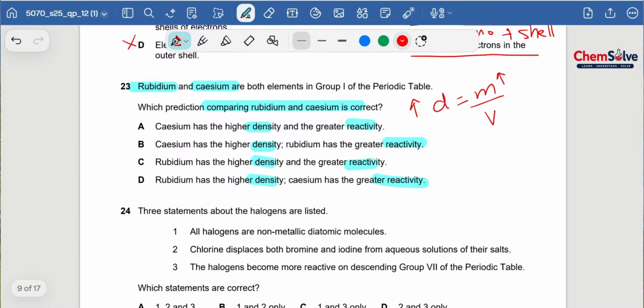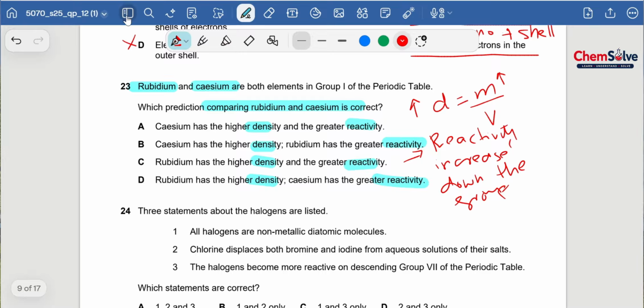In group 1, we know that reactivity increases down the group. Now we have to keep these two points in our mind: reactivity increases down the group, and density is related to the mass. Higher the mass, higher the density.